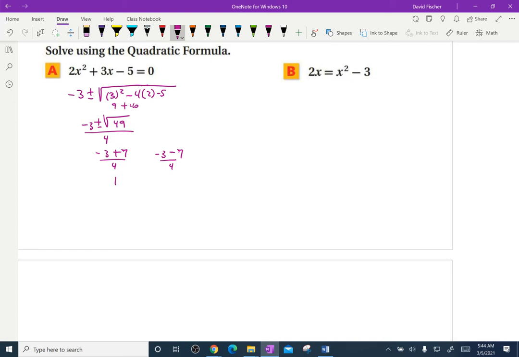Negative 3 minus 7 is negative 10. 10 divided by 4 is negative 2.5. I'll space my answer out here so I can write "and" in there. So my zeros are 1 and negative 2.5. Okay. I'll just come up here and clarify my work here. We had a 4 over 4 here, negative 3 and negative 7 was a negative 10 over 4. That's how I got negative 2.5.